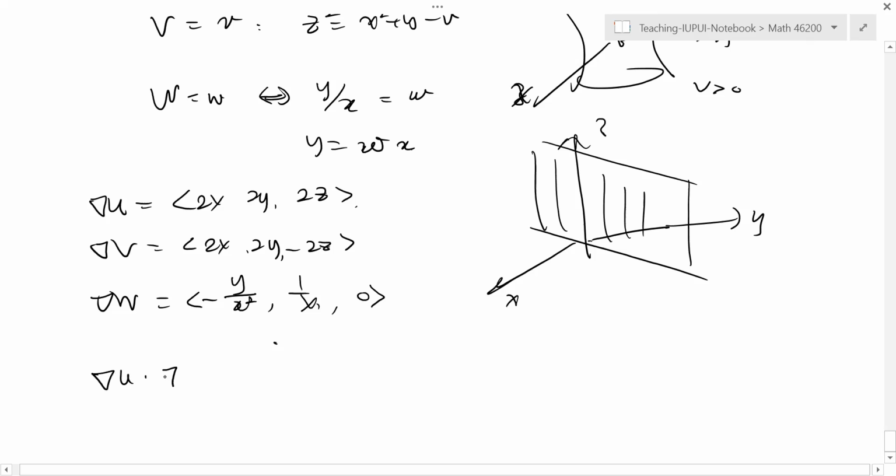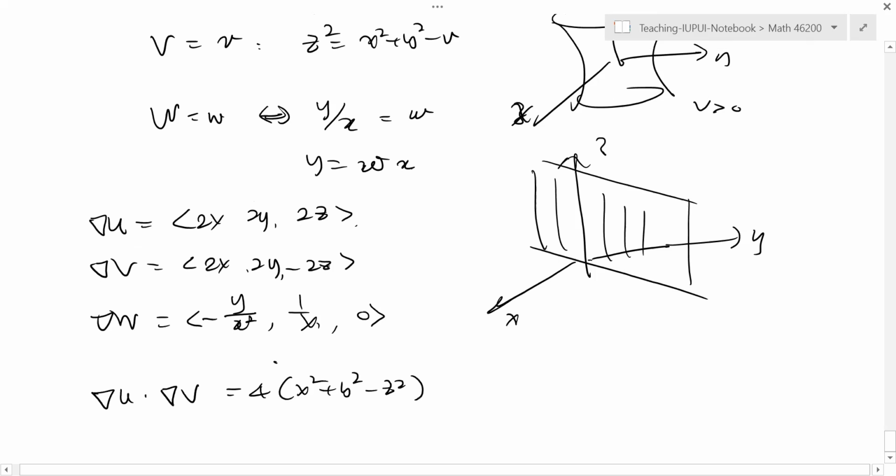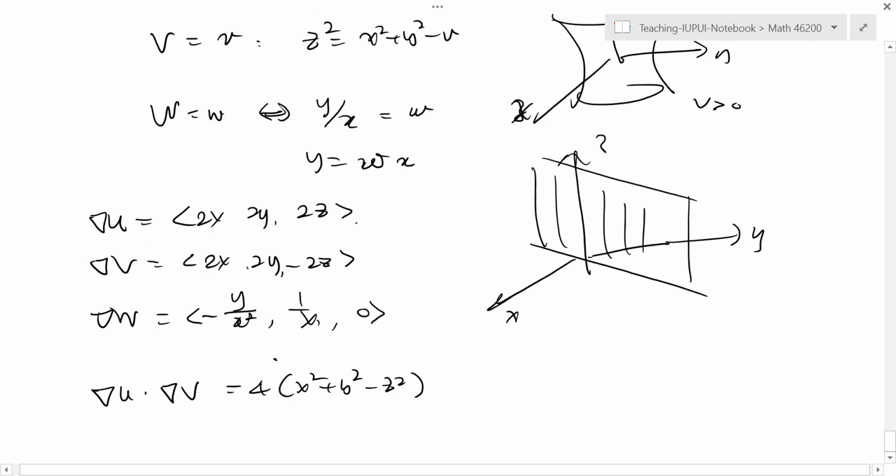Let's look at the inner product. This is going to be 4 times x squared plus y squared minus z squared, and that is going to be 0.